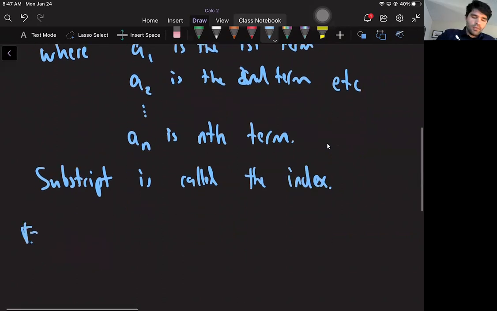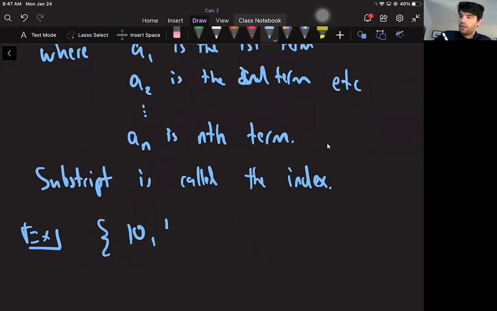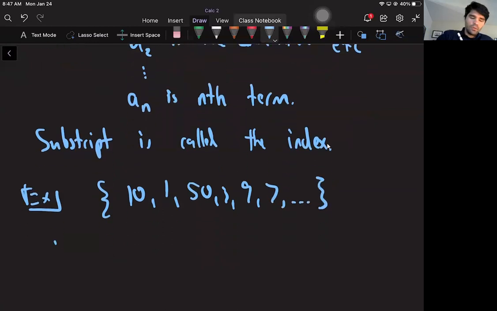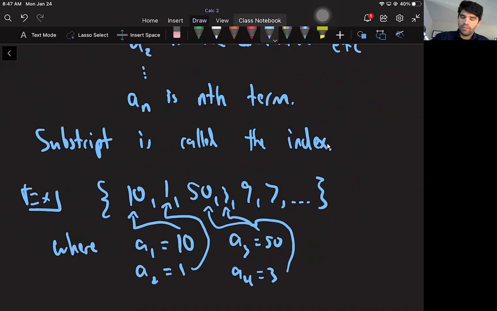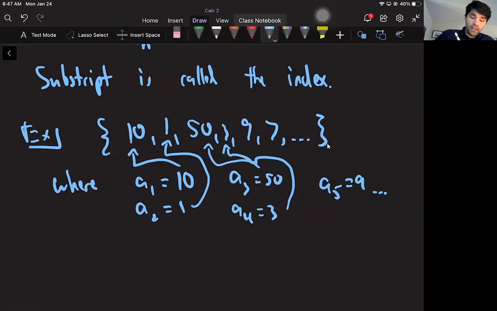Okay, so let's just see an example to see that this is not so bad. So I don't know, just pick your favorite numbers: 10, 1, 50, 3, 9, 7, dot dot dot. This is a sequence. A1 is 10, A2 is 1, right? Because that's the first term and that's the second term. A3 is 50, A4 would be 3, A5 would be 9, and so on. So here, there's not really any sort of pattern, no clear pattern.